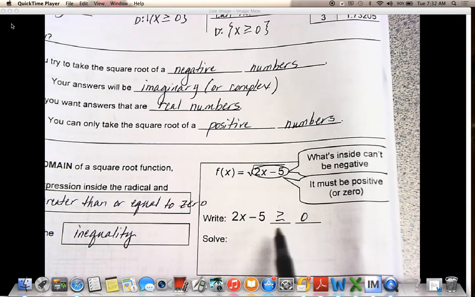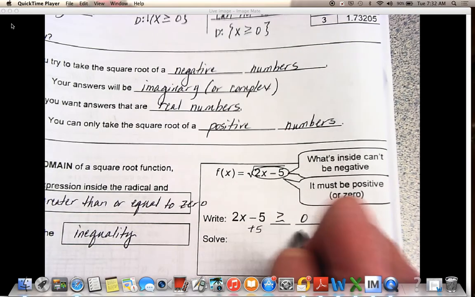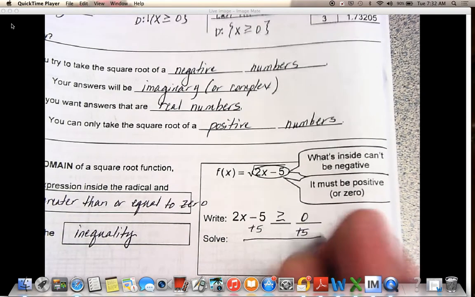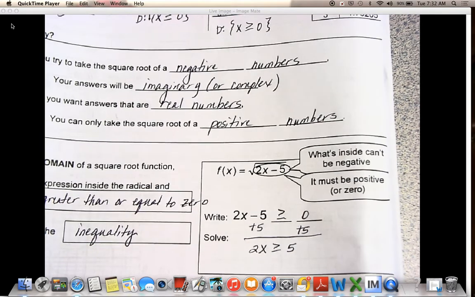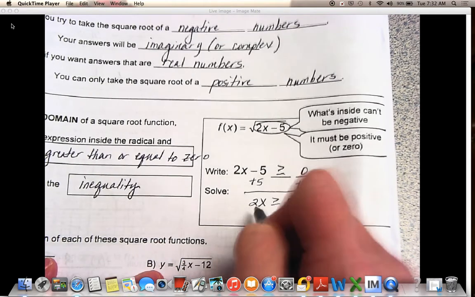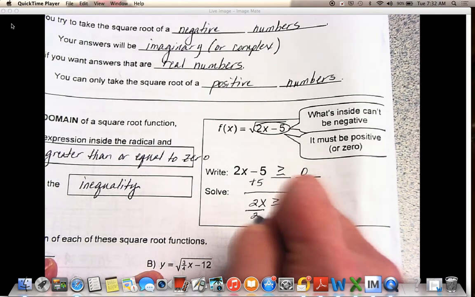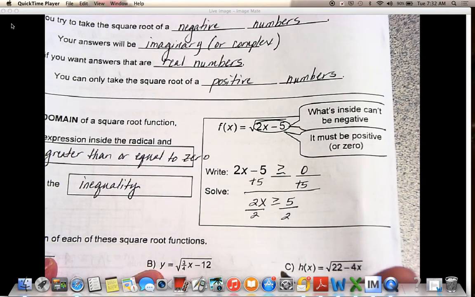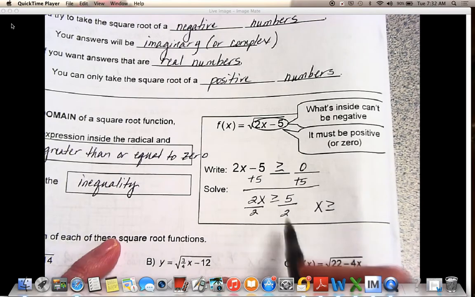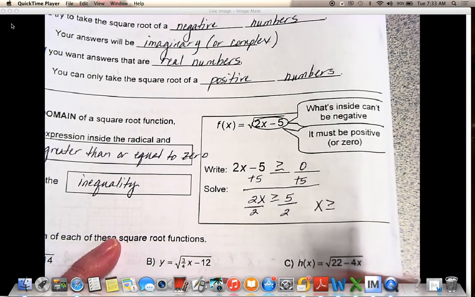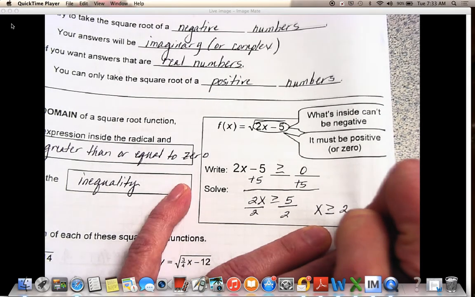We get rid of the minus 5, so we add 5 to both sides. I'll end up with 2x greater than or equal to 5. Then, if you want x by itself, since they're multiplying by 2, we divide by 2. We end up with x greater than or equal to 5 divided by 2. You could leave it as 5 halves, or you could divide it out, which would give you the decimal value of 2.5.